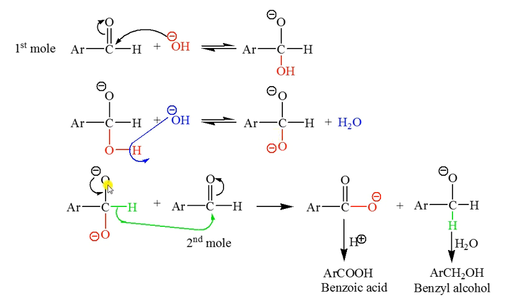This intermediate will reform the carbonyl group by expelling a hydride, and this hydride will attack the second mole of benzaldehyde to produce potassium benzoate and benzyl alcohol.